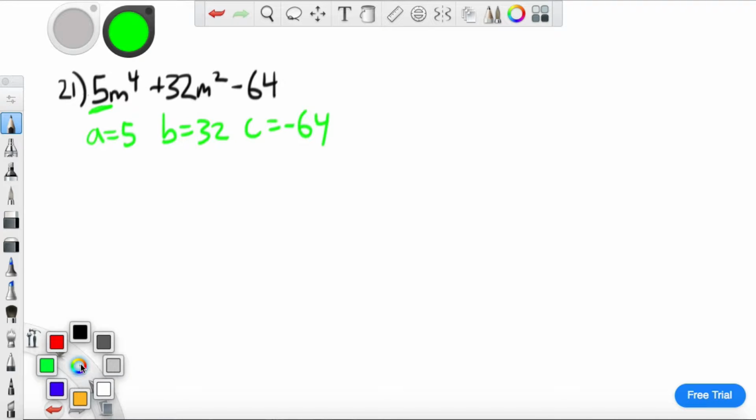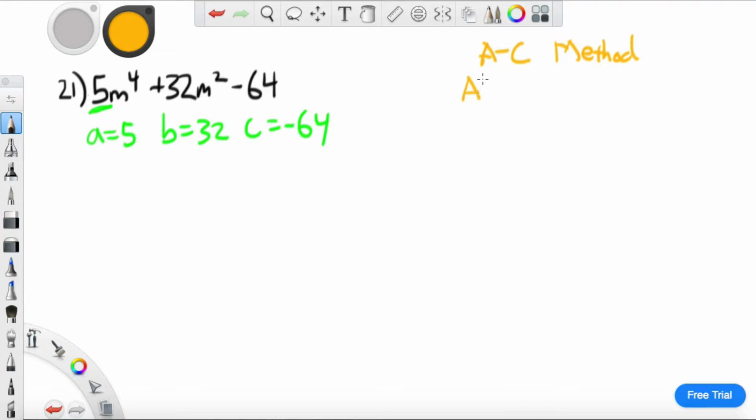So we're going to look at something called the AC method of factoring, also known as factor by grouping, which is what we did a little bit of earlier today.